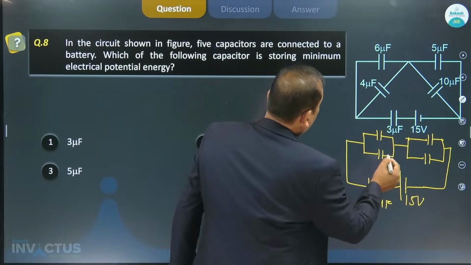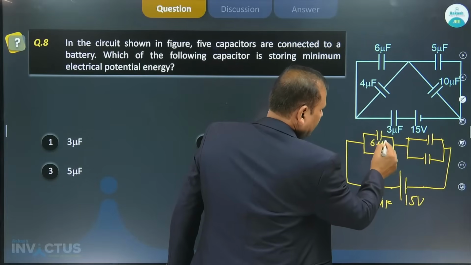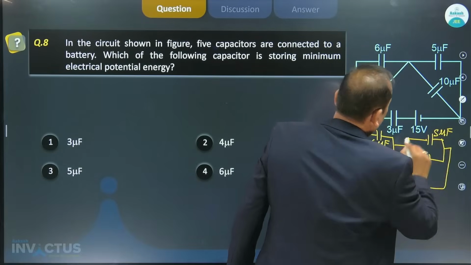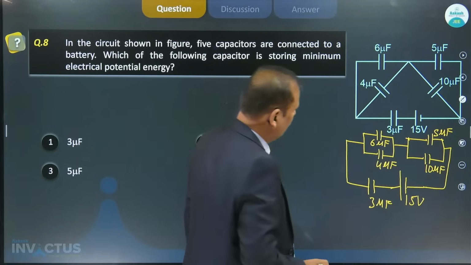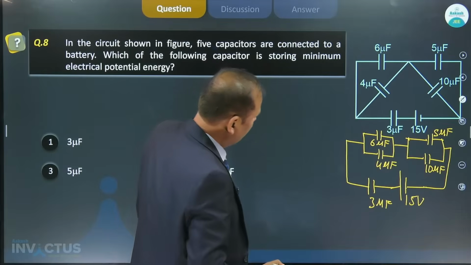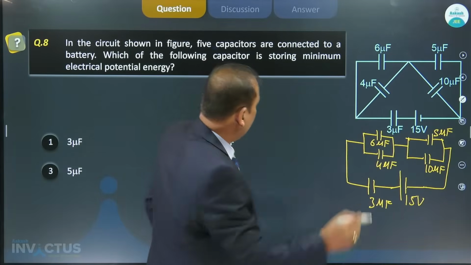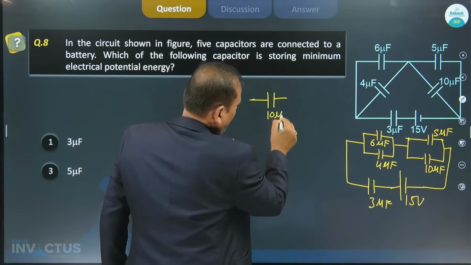This is 4 μF, 6 μF. This is 5 μF. This is 10 μF. So the equivalent capacitance can be found out. These are parallel, they can be added. So this is 10 microfarad.